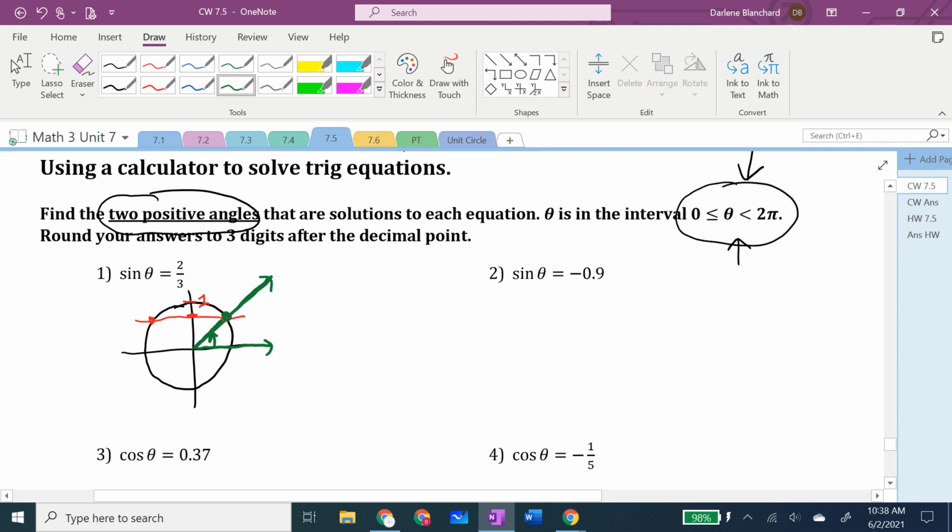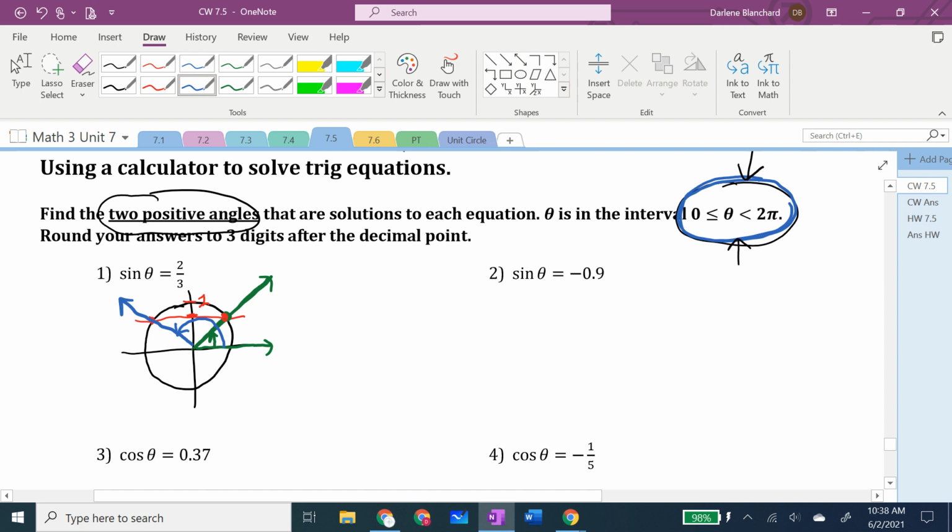Then there's a second angle where its terminal side stops here. And from the initial side to that terminal side, I get a second angle whose sine is equal to 2/3. And there are two angles between 0 and 2 pi that have a sine that is equal to 2/3.